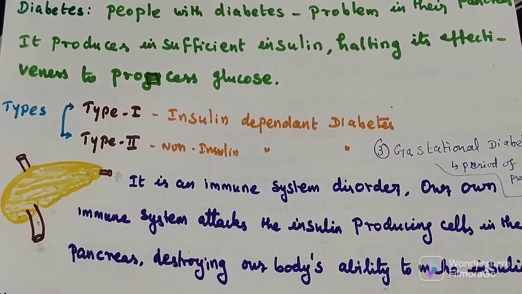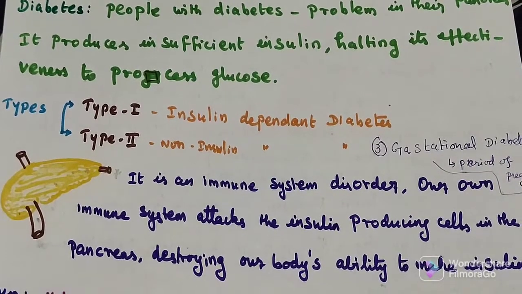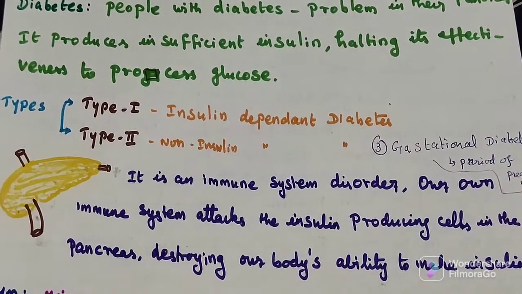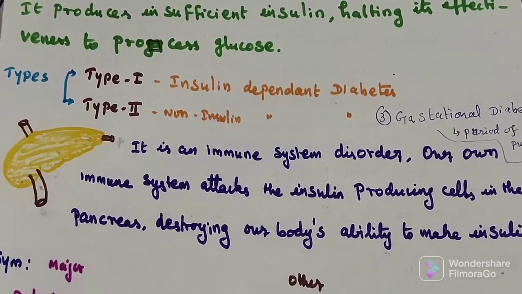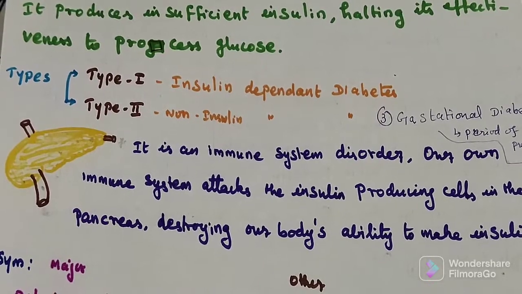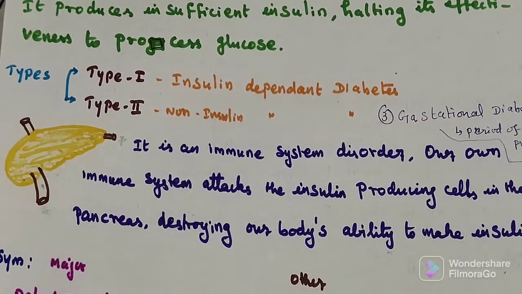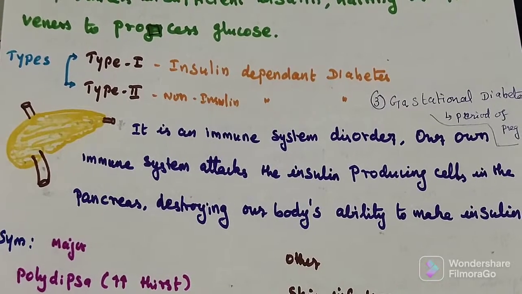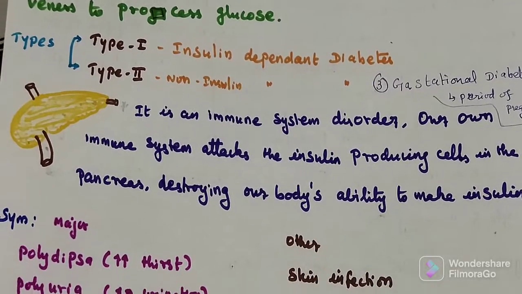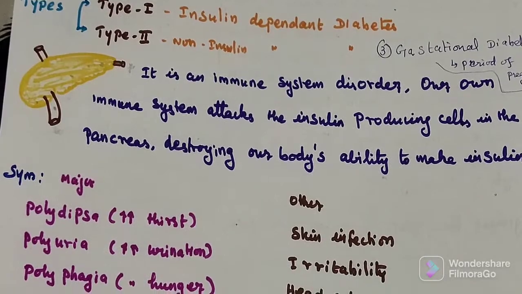What are the other complications of diabetes? It causes atherosclerosis, then microvascular complications like thickened capillary basement membrane. It leads to nephropathy, kidney failure, retinopathy, blindness, and neuropathy.